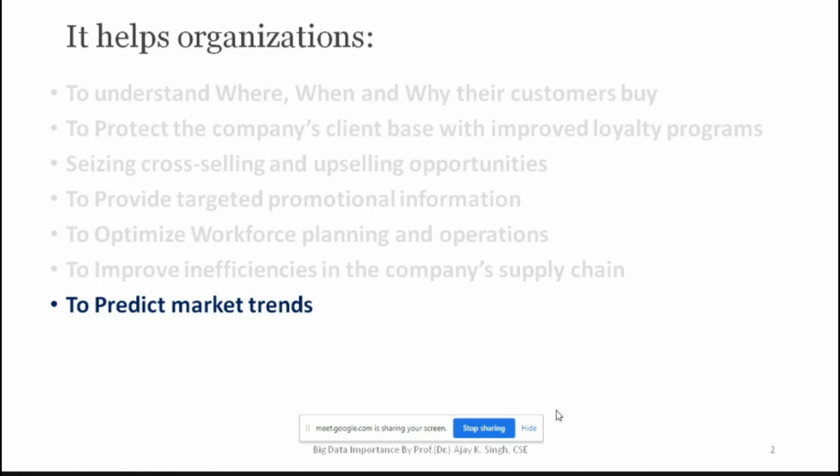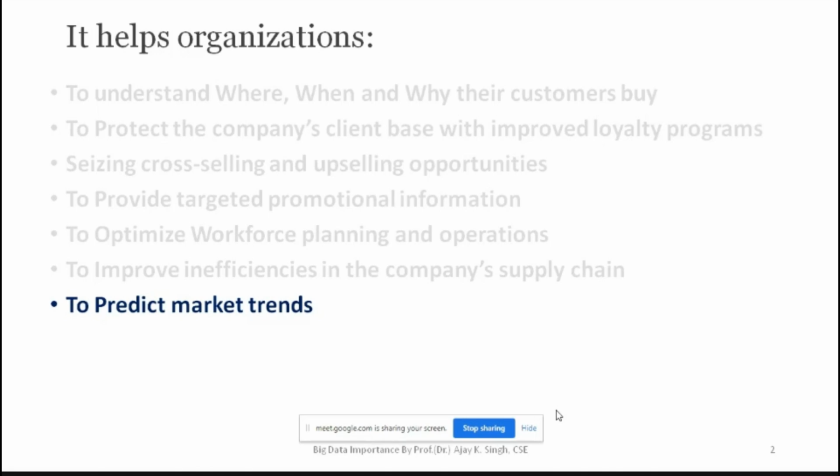By using this big data, you are going to predict what I am going to do, what step I should take, isn't it? Say, for example, exit polling. Exit polling is there nowadays. You might be hearing that elections are going to be there in February or something like this. In that case, you are going to predict.